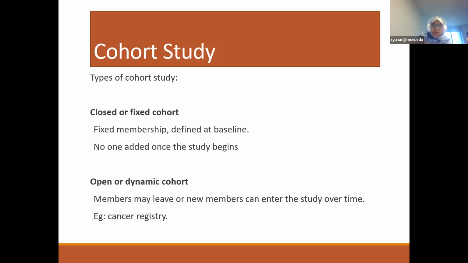Because some of them might have migrated, some of them would probably have withdrawn from the study, some of them might have died. But in the case of open or dynamic cohort, you start with 1,000 people and the duration is 5 years. And throughout those 5 years, some of your 1,000 respondents might leave, and you allow them to leave, and at the same time you keep on inviting and including people from time to time. Of course, the analysis or how you handle your data will be more complicated in the open or dynamic type.